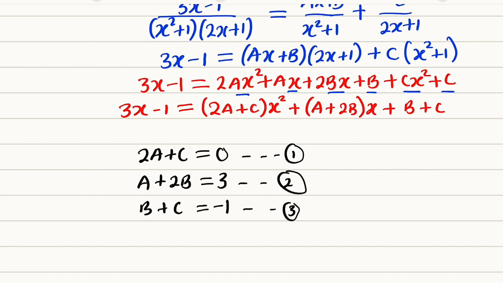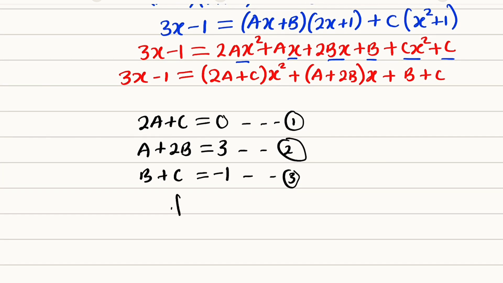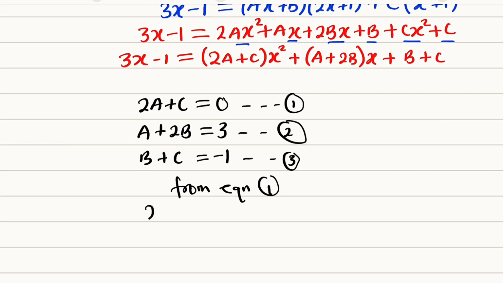Now let me use this first equation to make a the subject. From equation 1, we have 2a equals -c if c crosses over, and a will be equal to -c divided by 2. And I can call this one equation number 4.